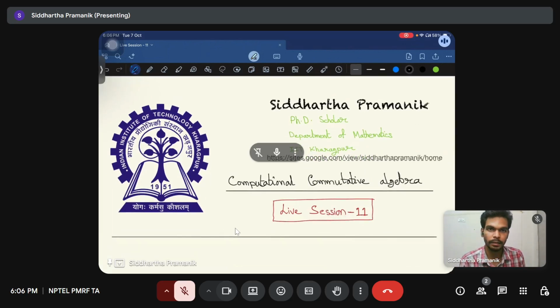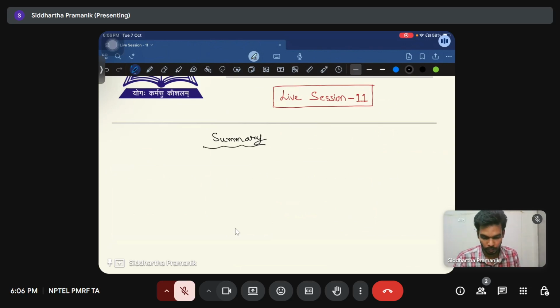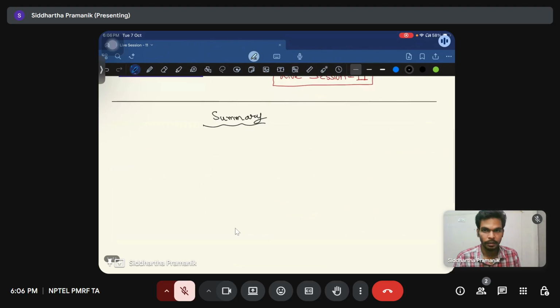Let's quickly review the topics which we were studying in week 11. We started with graded rings, basically n-graded rings, and we defined the Proj of a graded ring.